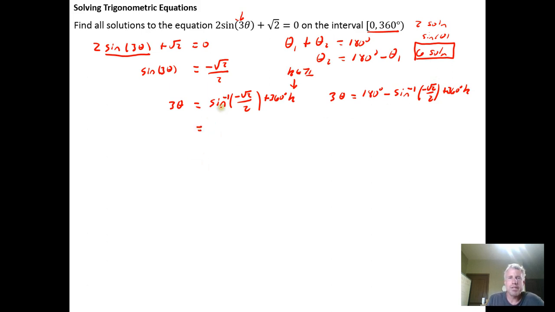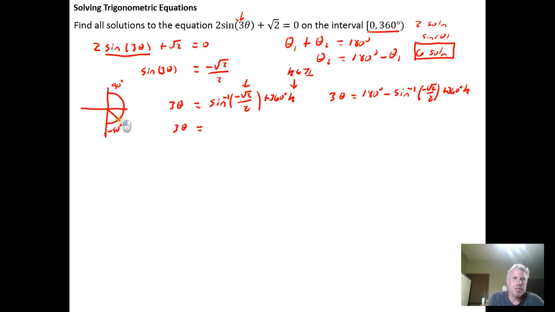For our next step, we want to look at the inverse sine of negative root 2 over 2 and ask, does this side ratio correspond to a special angle on the unit circle? If it does, we want to get that angle. We want to remember that the inverse sine only generates outputs on the interval from negative 90 degrees to 90 degrees. So is there an angle between negative 90 and 90 that's a special angle that generates negative root 2 over 2? And there is.